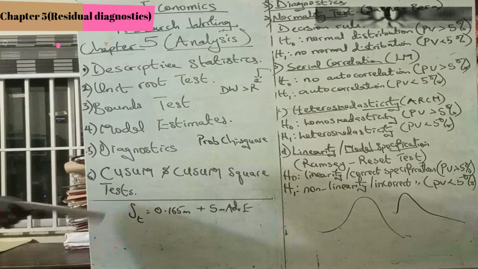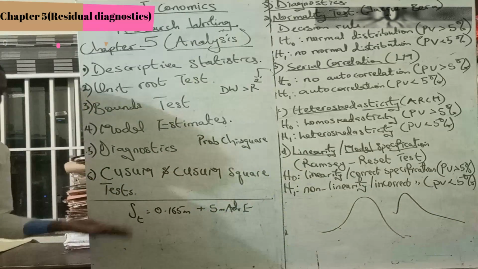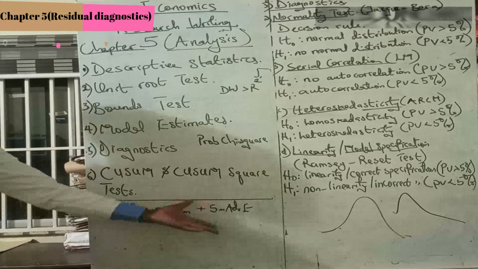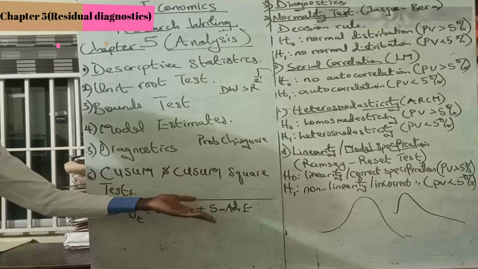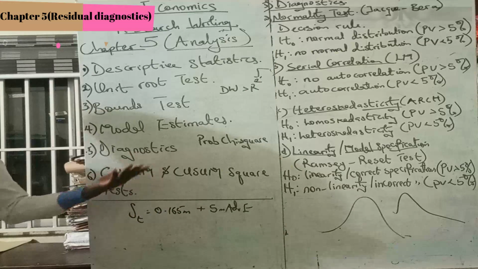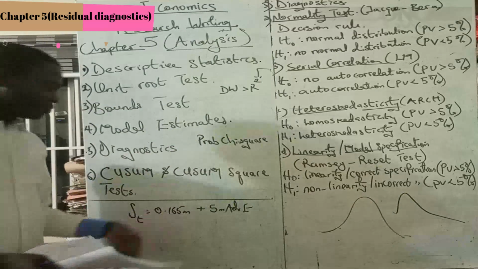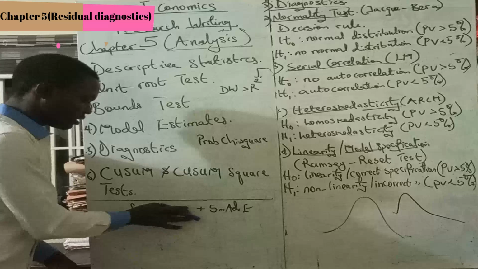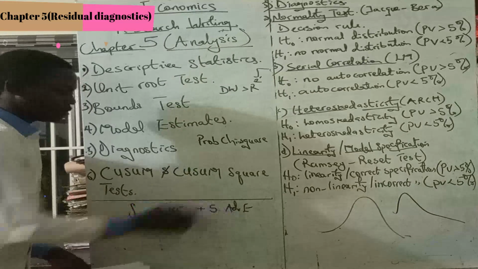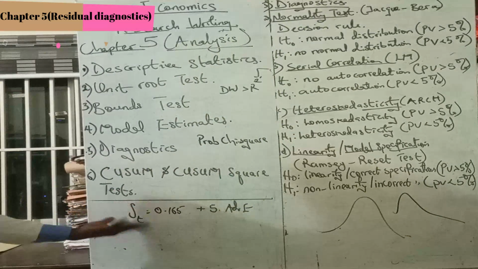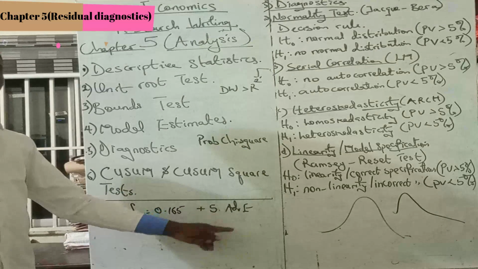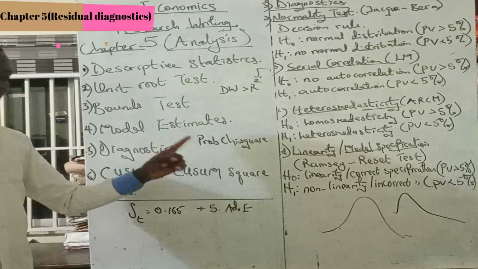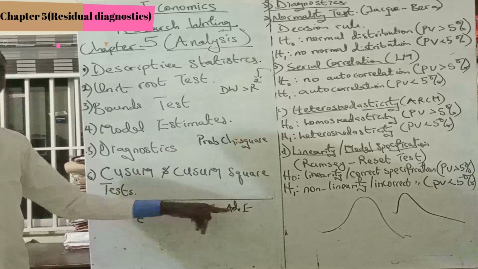Now you know that, it's a company, so you'll be needing something like this to forecast what your sales is going to be if you increase the advertisement expenses by a particular amount. According to this regression model, if you increase advertisement expenses by 1 million, 1 million times 5 gives 5 million.